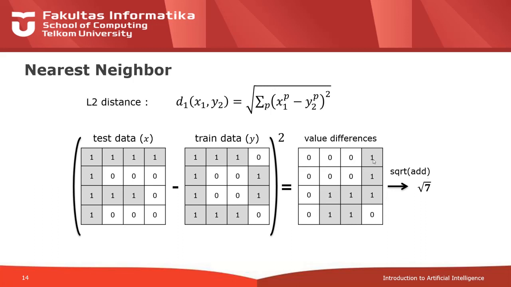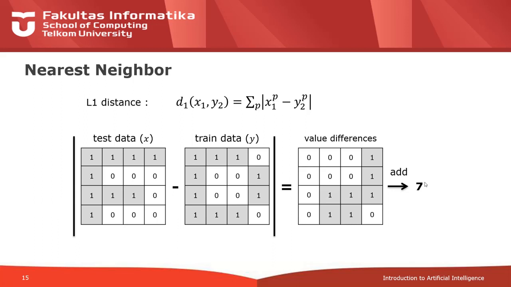Because 1 squared is still 1, so 1, 2, 3, 4, 5, 6, 7, that means we have 7 here, and then we square root. So this is the square root of 7. This is the most important concept in nearest neighbor. You need to be able to calculate the distance between two samples, two data. This is using L2 distance.